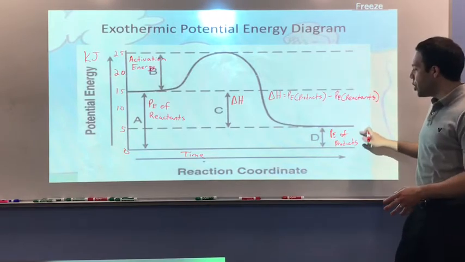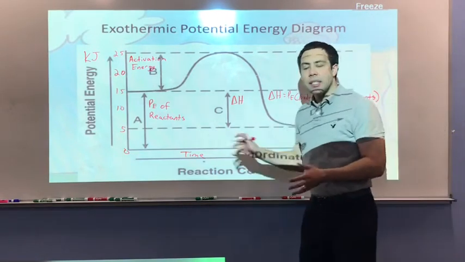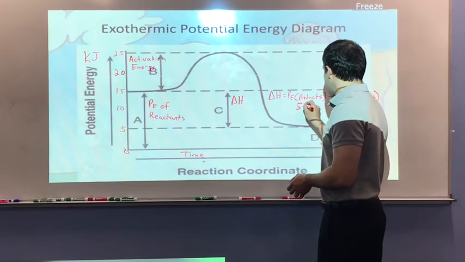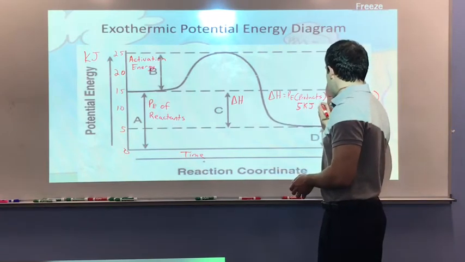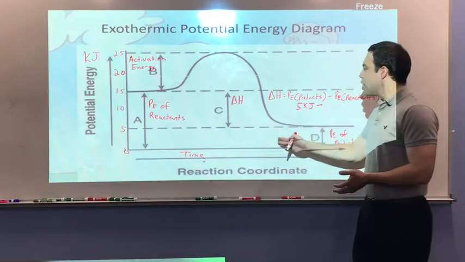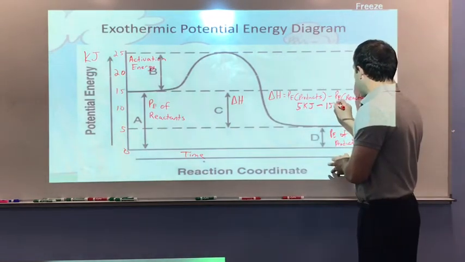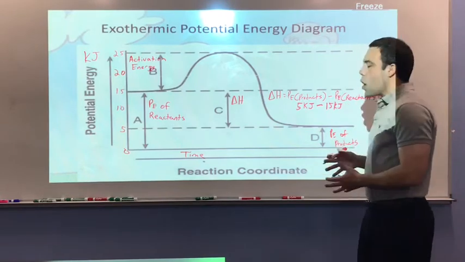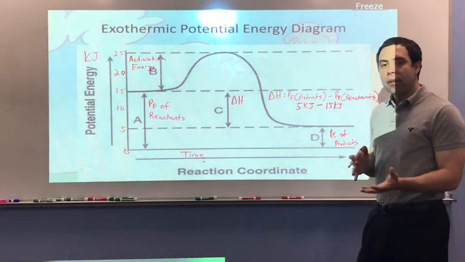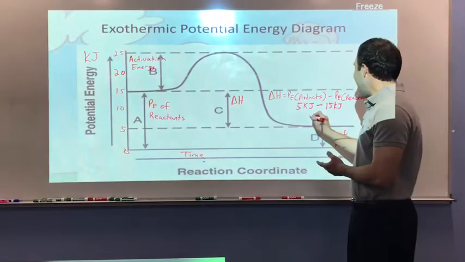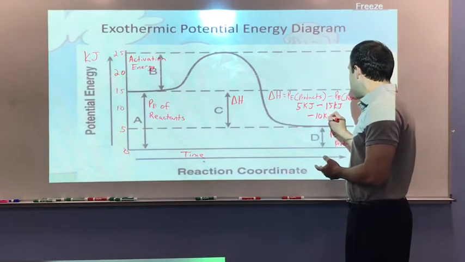The potential energy of the products, looking on the graph, is 5 kilojoules. Minus the potential energy of the reactants, which is 15 kilojoules. When I subtract 5 minus 15, I get negative 10 kilojoules.